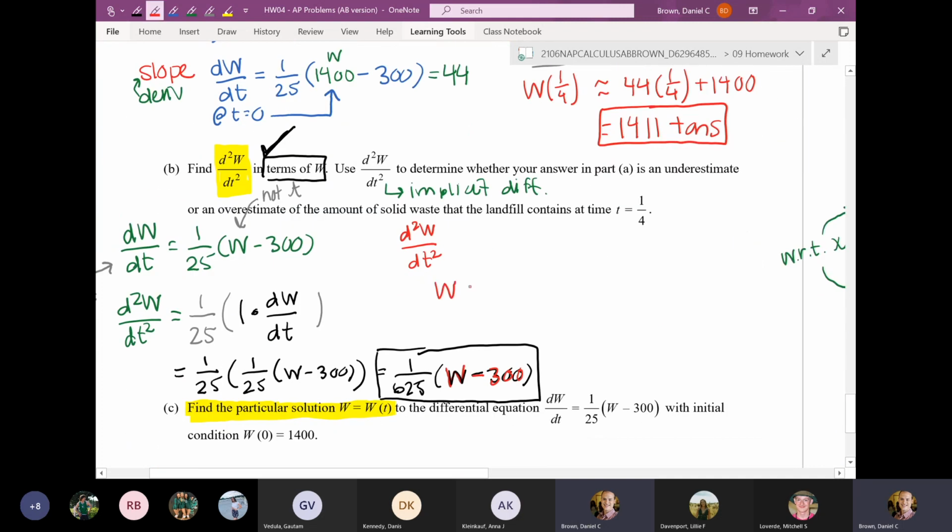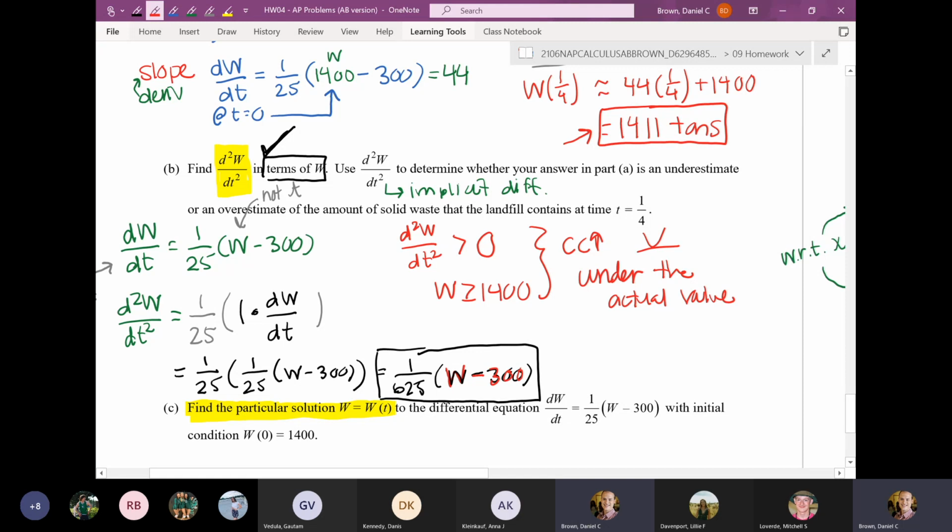So if W is always bigger than that 1,400, we know that the second derivative will always be greater than 0, because 1,400 minus 300 is positive. Since the graph is concave up, we know that this estimation we found in the first part is under the actual value. And again, you could have also plugged in 1,400 because that's close to 0, but that's kind of the better mathematical way to think about it: since this graph is increasing, W is always bigger than 1,400, so that second derivative is always going to be bigger than 0.